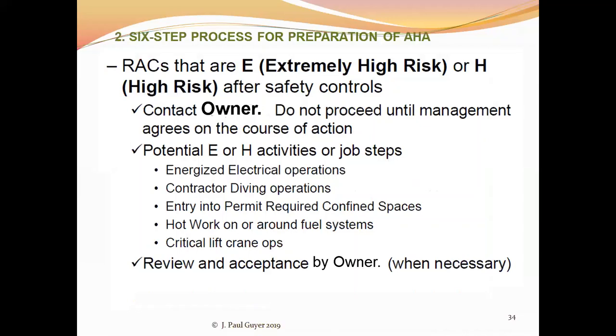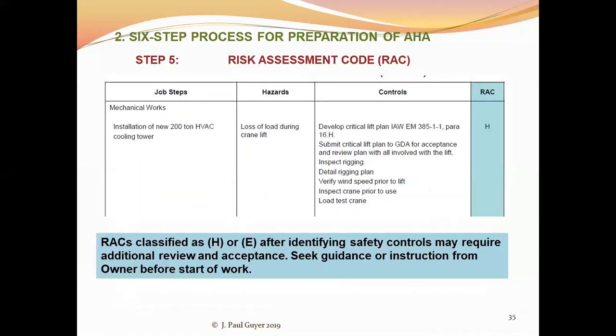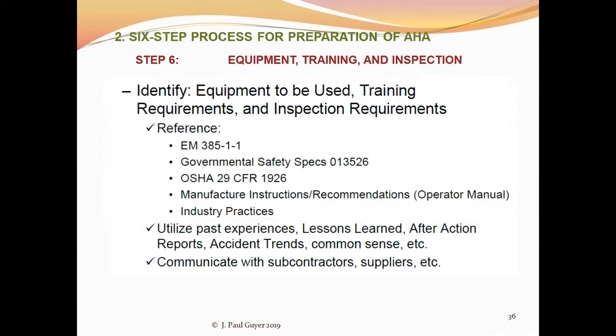Here are more illustrations: a job step, installation of a 200-ton chiller or cooling tower, hazard, loss of load during crane lift, and controls that you put in place. Maybe even after putting the controls in place, you cannot rationally reduce the risk assessment code to low or medium.